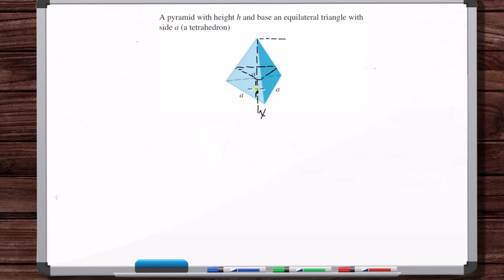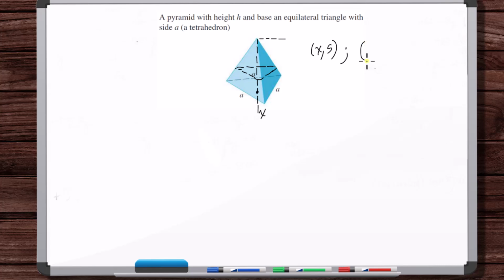That side length is going to vary from a to 0 linearly. We can see it just goes from a and then linearly goes down to 0. So in general, we input an x, we get a side length.